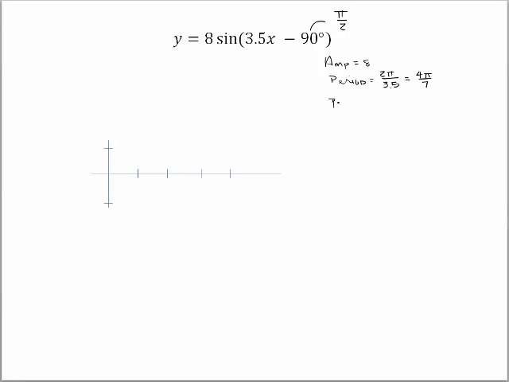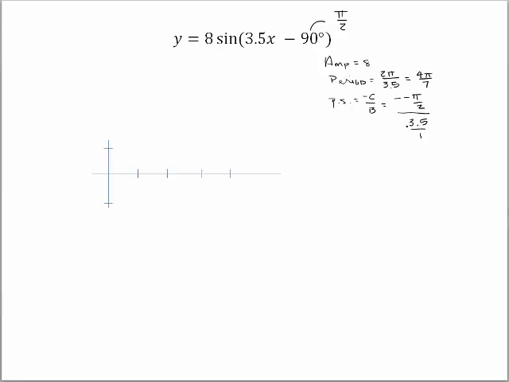Now, let's figure out our phase shift. We'll remind ourselves that that's negative c over b. Negative c, we keep the negative sign, and we've got a negative pi over 2 over 3.5. Now this 3.5 is the same thing as saying 3.5 over 1.